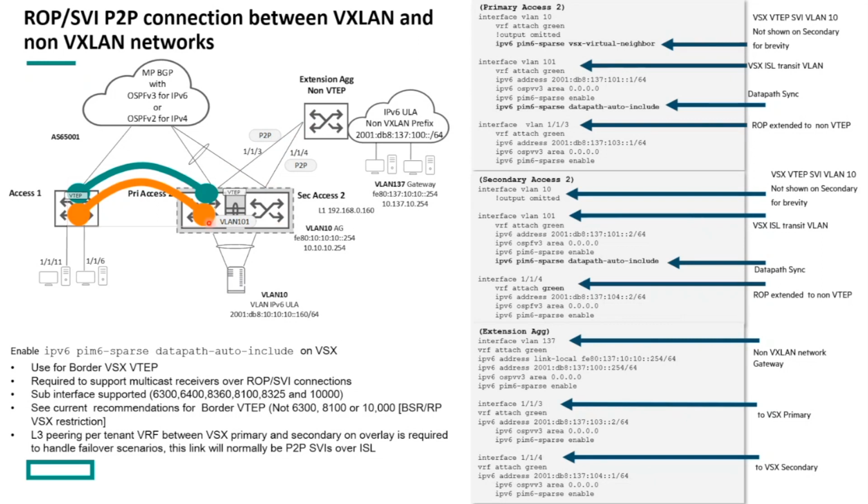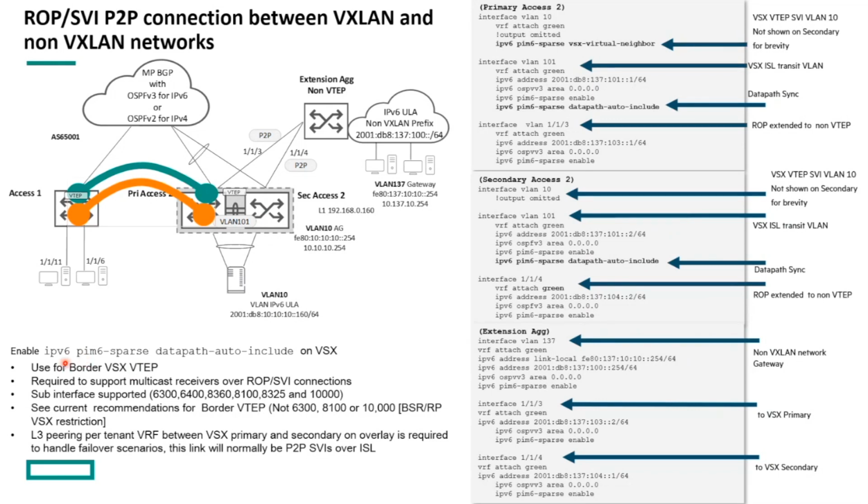Then we have another VLAN across here to be able to synchronize information. And then very important is that we now have a new command, which is a new command for V6, but was also applicable when you were doing V4.